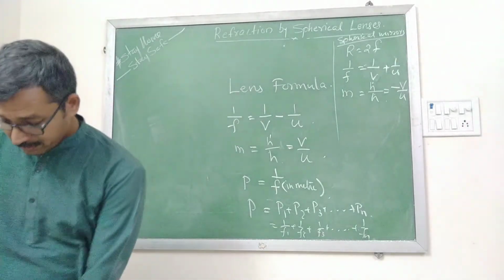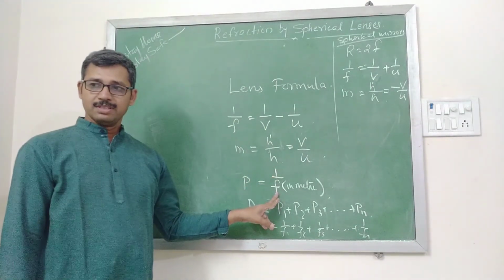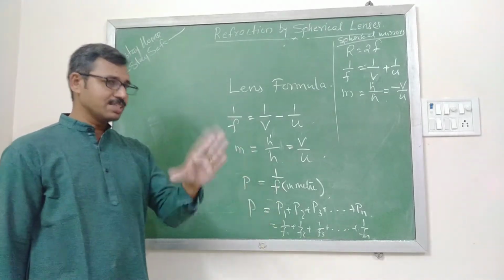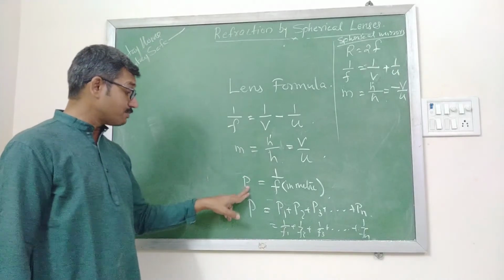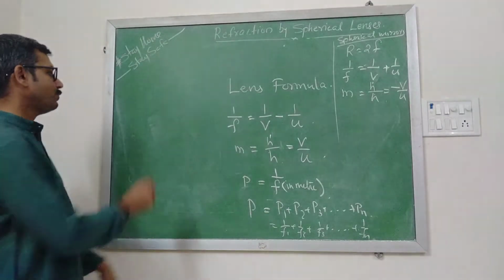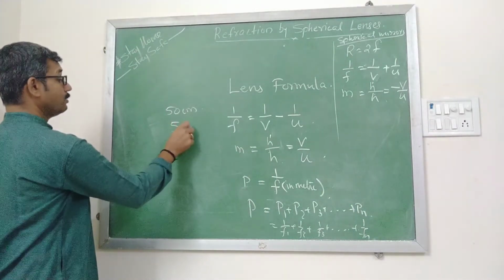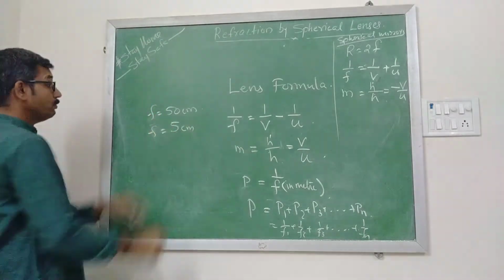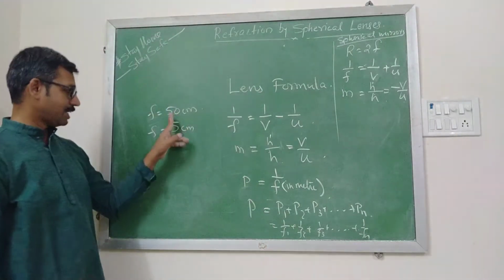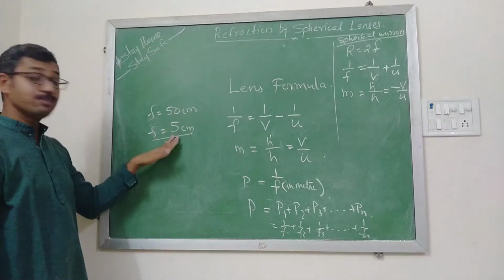One more thing, here P is equal to 1 upon F, where F is the focal length in meters. Now which lens will have more power? For example, one has a focal length of 50 centimeters, the other has a focal length of 5 centimeters. Which lens has more power? It is the 5 centimeter one. Why?